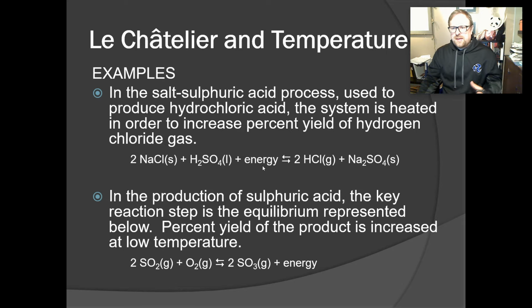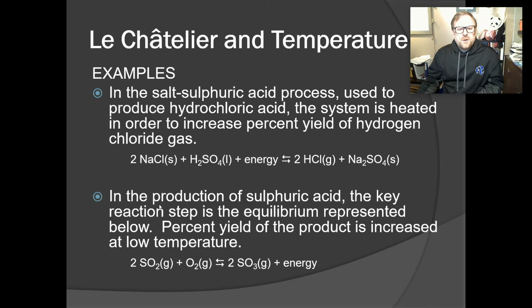Energy is sitting there as a reactant, meaning that if we increase the temperature in that reaction system, there's going to be more of this reactant around. Energy is pretending to be a reactant. So there's more of this reactant around, meaning we're going to produce more of the hydrogen chloride as a result, which is one of the goals of this reaction.